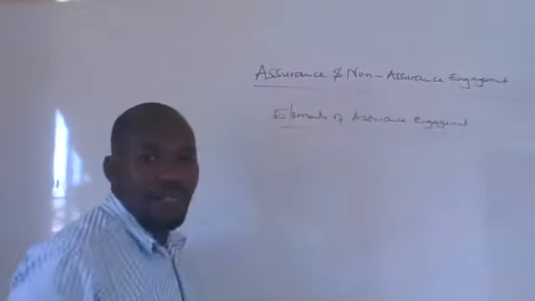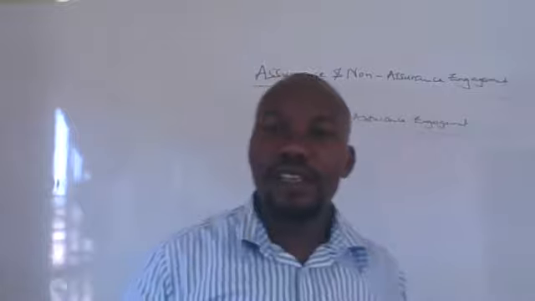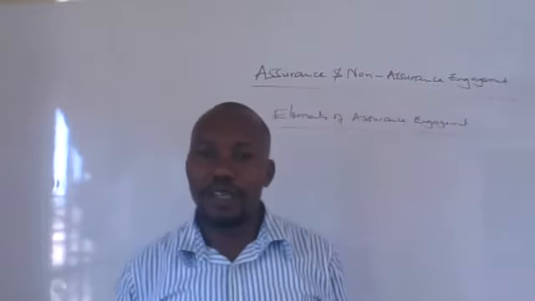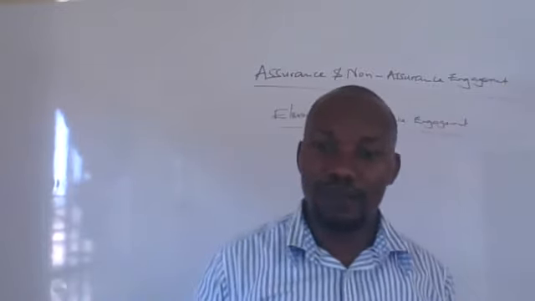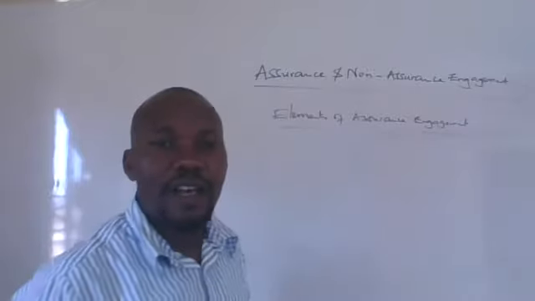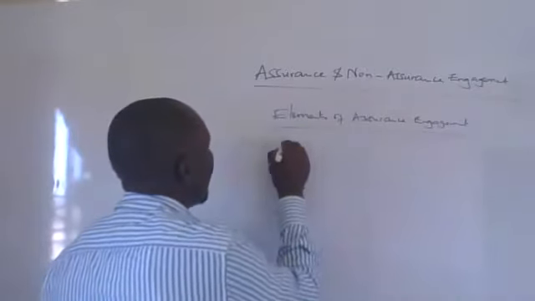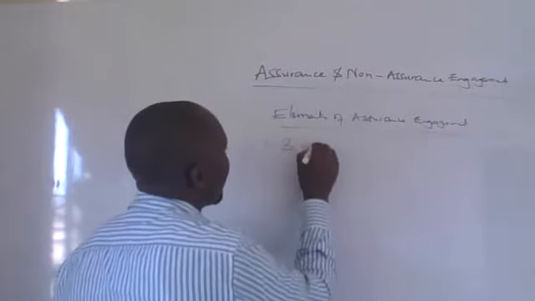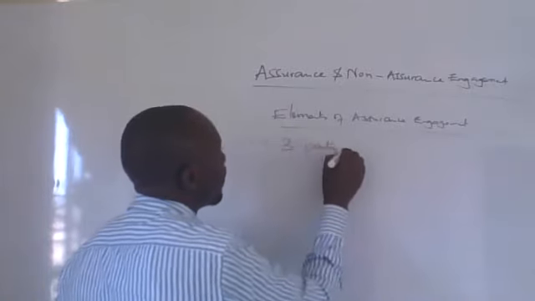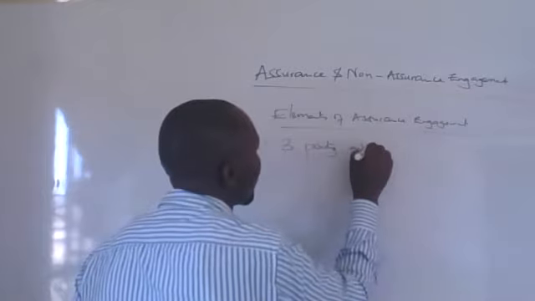So the first one, these are the things that when you see, you can easily know that this one is an assurance engagement. The first element is that it has a three-party relationship.